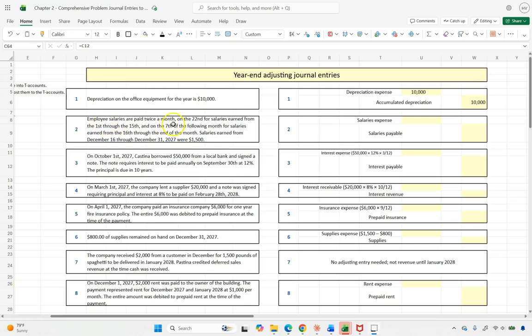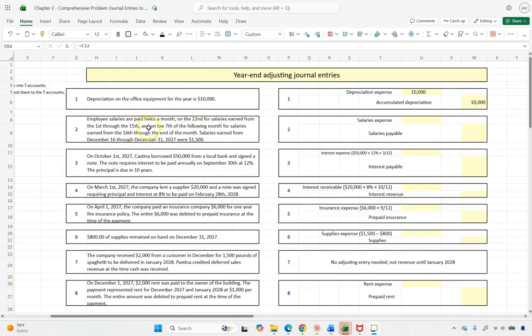So it tells us the employees are paid twice a month. And on the 22nd, meaning on December 22nd, when the employees got paid, it was for the salaries that were earned on the 1st through the 15th. So this was paid on December 22nd. If they had an accrual on the books, they would have debited their salaries payable and credited cash because they paid it out.